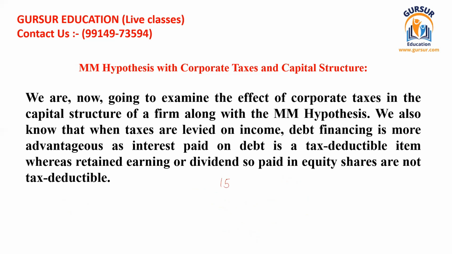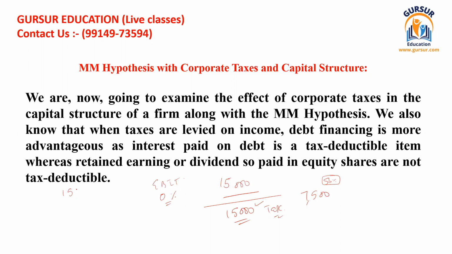Suppose you have not issued any kind of debenture, so this is a 0% levered firm, then you don't have to pay any kind of interest. In that case, you have to pay taxes on the total amount of 15,000. That means if the tax rate is 50%, and I'm taking a hypothetical figure, you have to pay 7,500 rupees as tax.